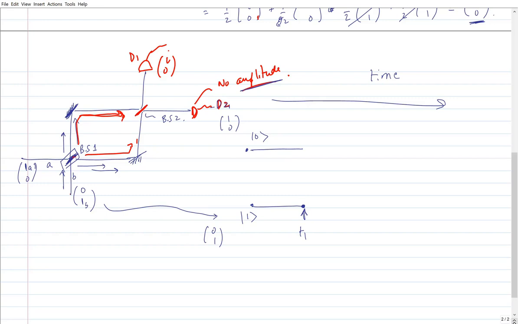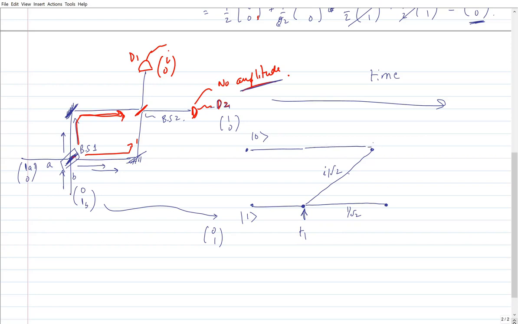And these paths bifurcate. So I have this guy and this guy. There's light both in the upper port and lower port, and there are going to be coefficients associated with it. What are the coefficients? I have iota over root 2 and 1 over root 2. Okay, very good.